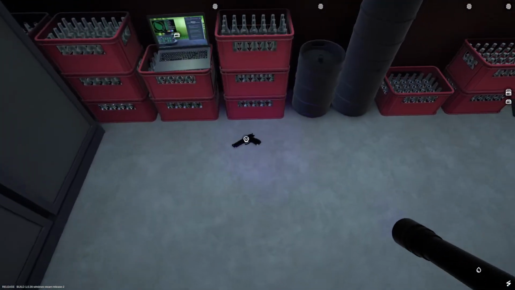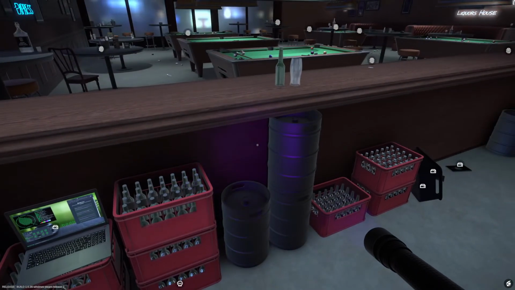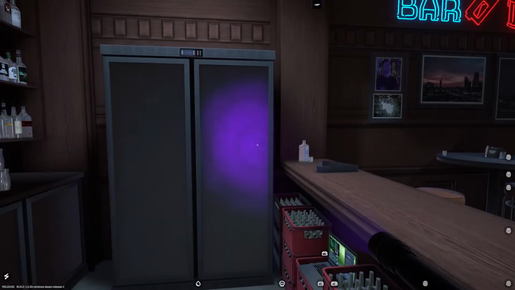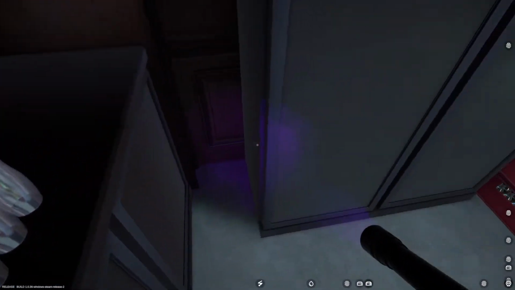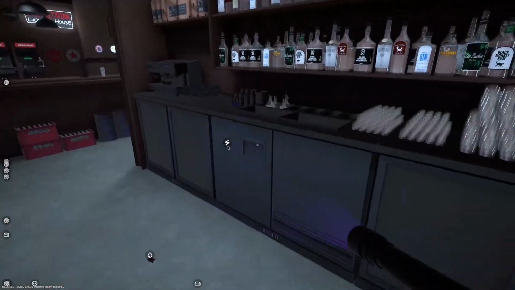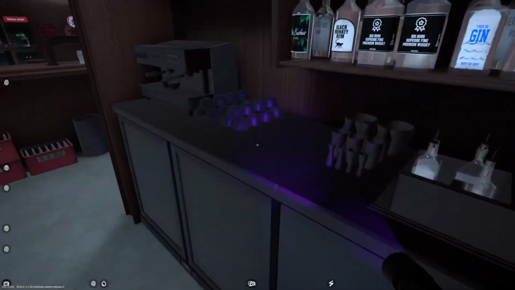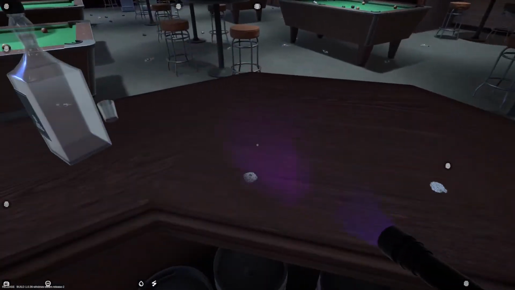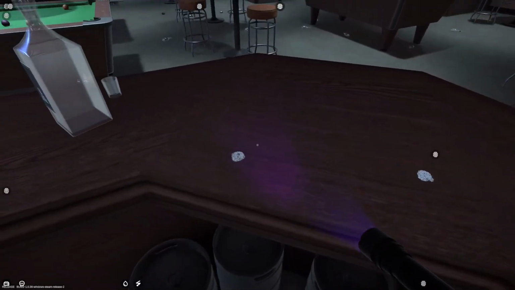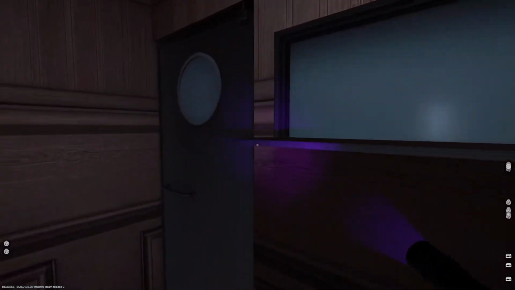So I'm assuming this is the gun of the bartender. Right, he had it for self-defense. And I would say the gun in the bathroom is probably the killer. We'll find that out here in a moment.